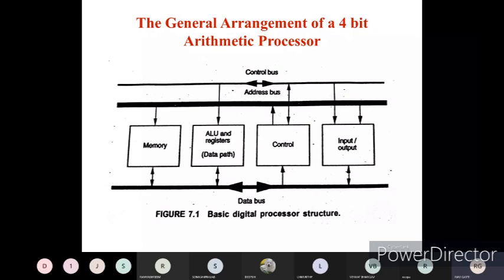For the control bus, a bidirectional arrow mark is there, because we want to control with the control bus and along with that we need to get some information from it. Therefore it has a bidirectional arrow mark. And you can see for the memory and ALU unit in the data bus, again it is bidirectional, because data will be moved to and fro between the ALU register and the memory, and also for the input and output, for display and for taking input from the user.